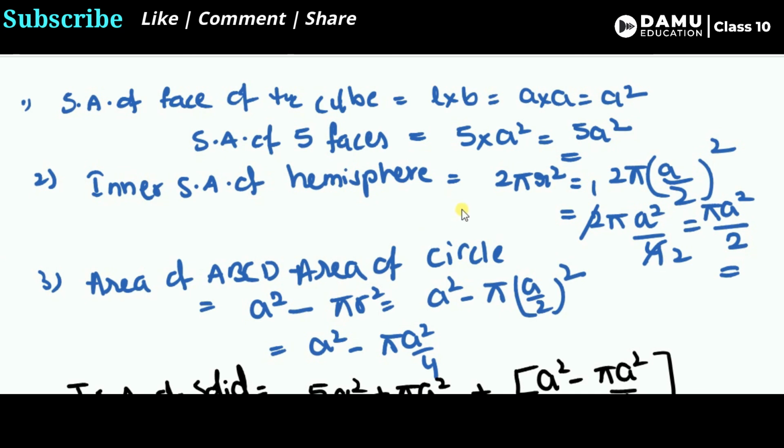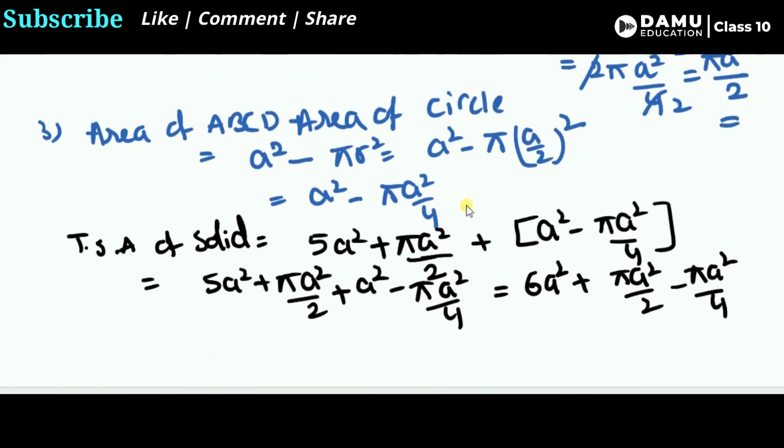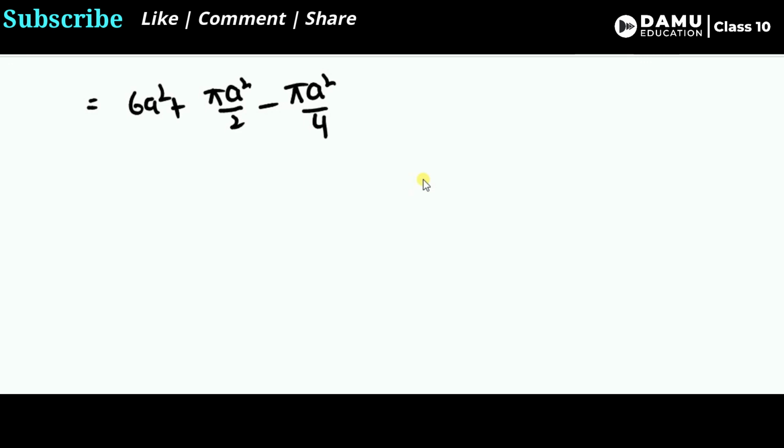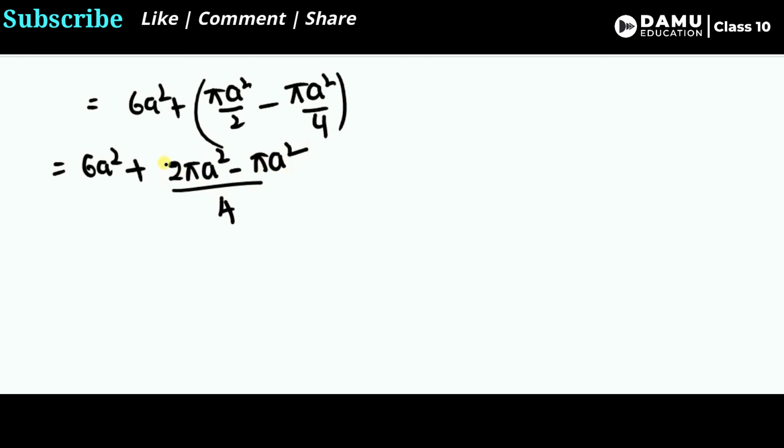Let's simplify pi a square by 2 minus pi a square by 4 with the LCM. The least common multiple is 4, then 2 pi a square minus pi a square. Because the LCM is 4, in order to get 4 from 2, we multiplied the top by 2.